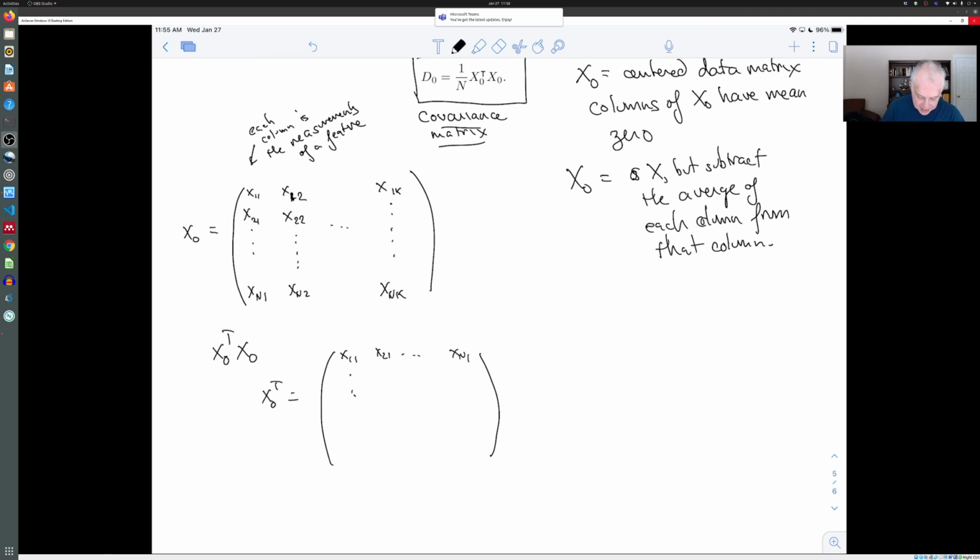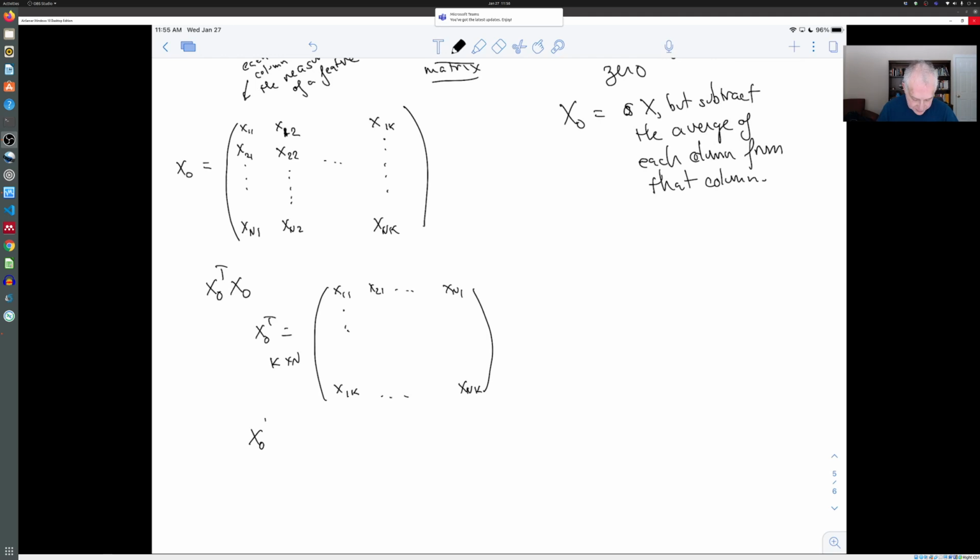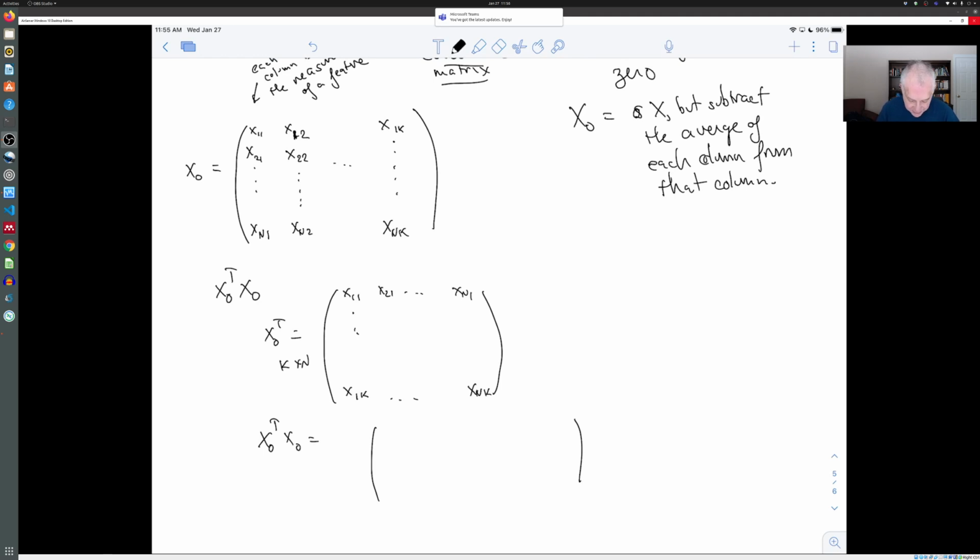And its last column is x1k out to xnk, and it's k by n. And when we multiply X0 transpose times X0, we get to practice our matrix multiplication yet again. We're going to take the first row of X0 transpose and multiply it times the first column of X0.